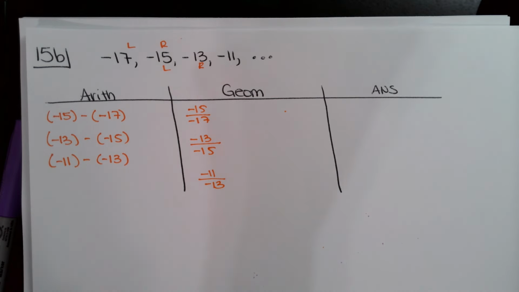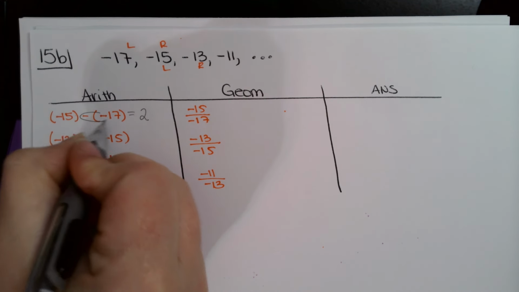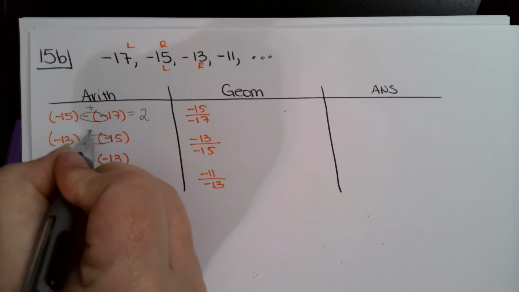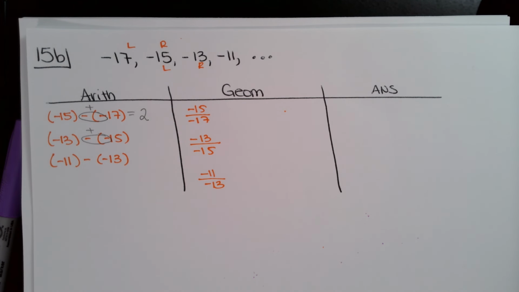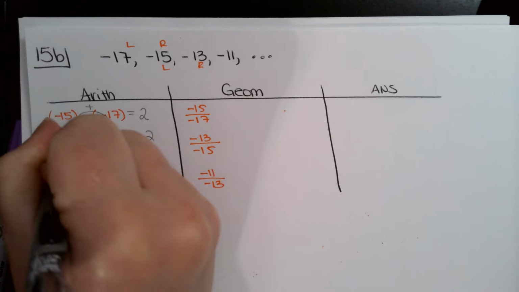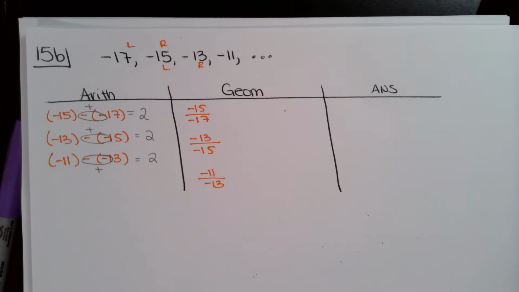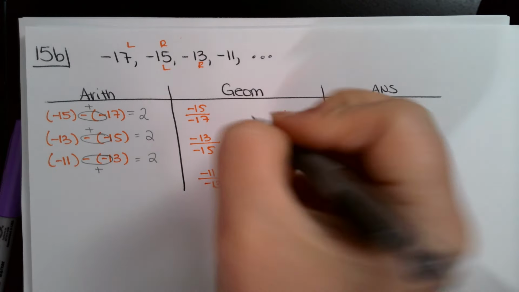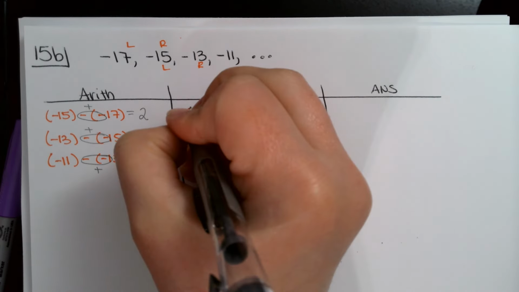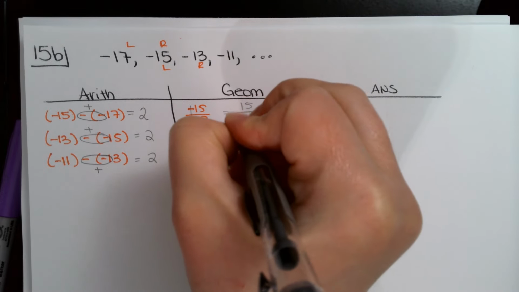-15 minus a -17, well, that's 2 positive. Double negatives here, be careful. Double negatives here. -13 minus -15 is also a positive 2. And this last one, -11 minus -13 is also a positive 2. These here, the only thing that can simplify are these negatives. So we still have 15 over 17.